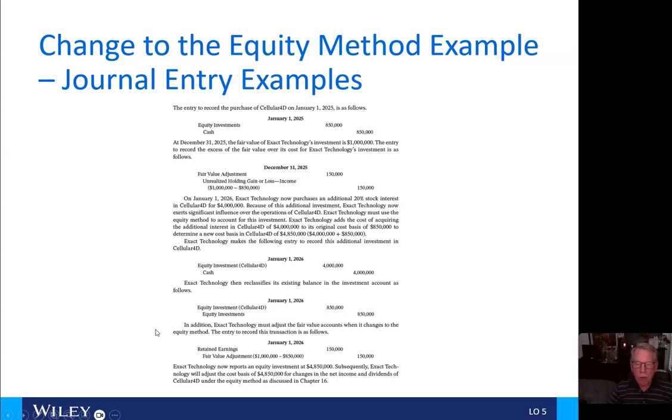The entry to record that is a debit to retained earnings and a credit to fair value adjustment for $150,000. Therefore, Acctg Technology now reports an equity investment of $4,850,000. Subsequently, it will adjust the cost basis of $4,850,000 for changes in the net income and dividends of Cellular 4D under the equity method as discussed in Chapter 16.